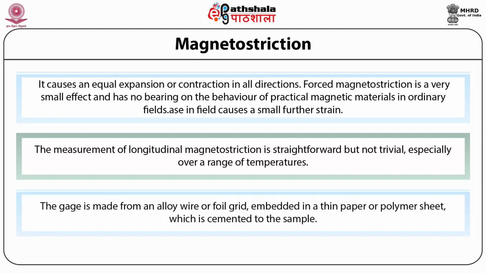The gauge is made from an alloy of wire or foil grid embedded in a thin paper or polymer sheet, which is cemented to the sample. When the sample changes shape, so does the grid, and the change in shape causes a change in the electrical resistance of the gauge. With ordinary gauges, the fractional change in resistance is about twice the elastic strain.